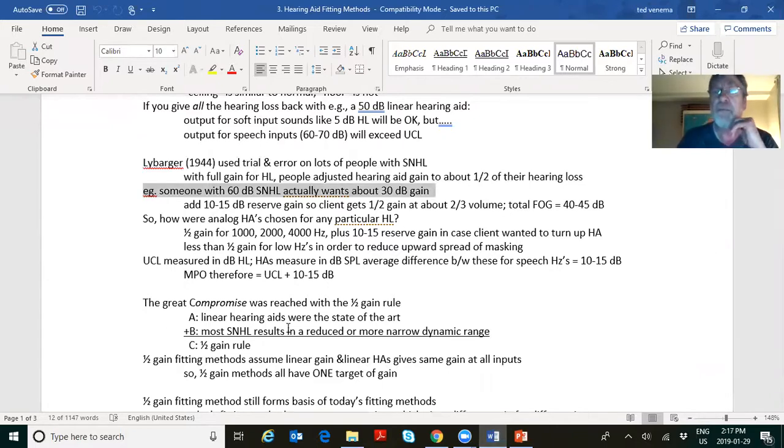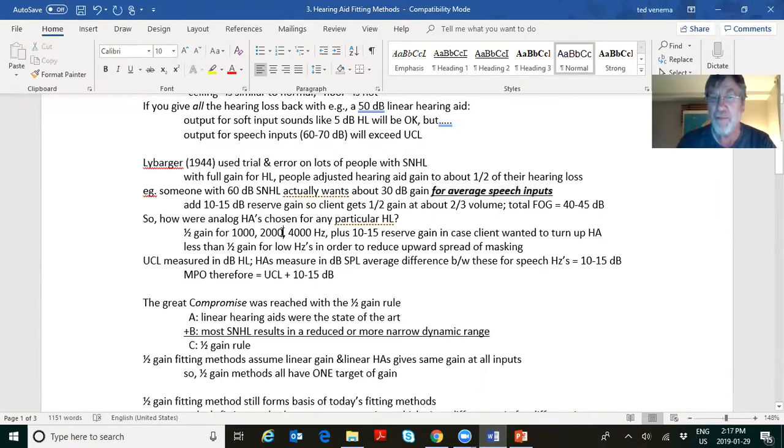I would write down over here: 30 dB of gain for average speech inputs. Very important. Underline, italics, bold-faced.